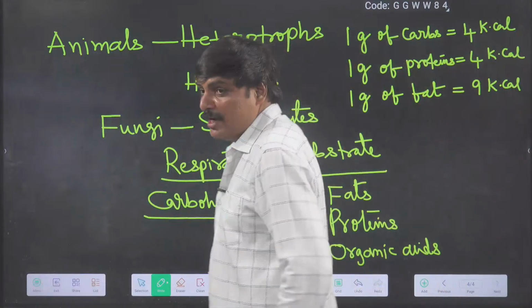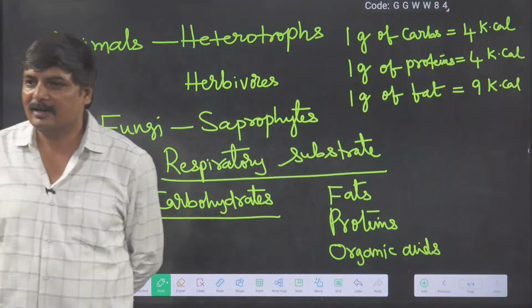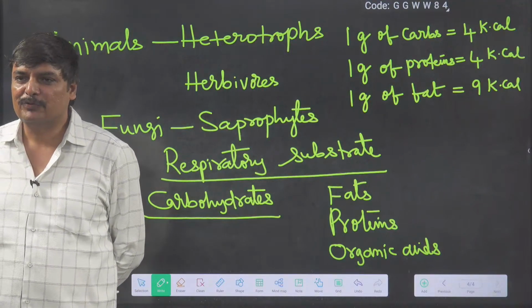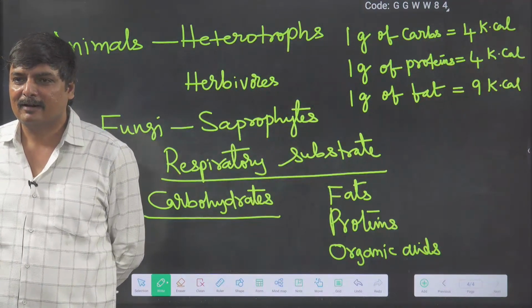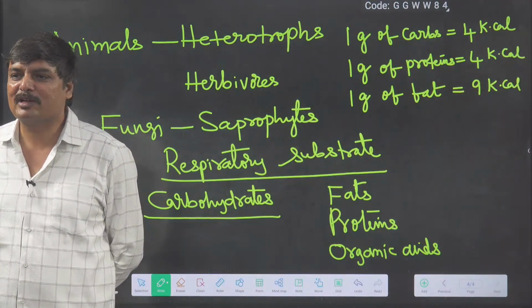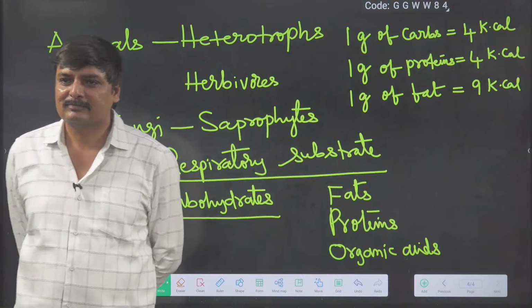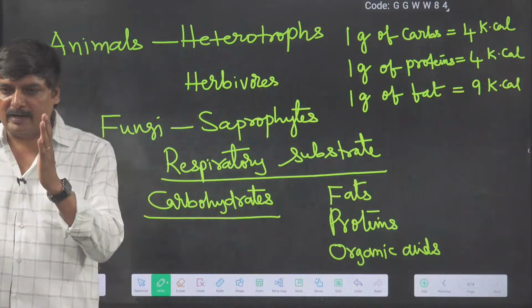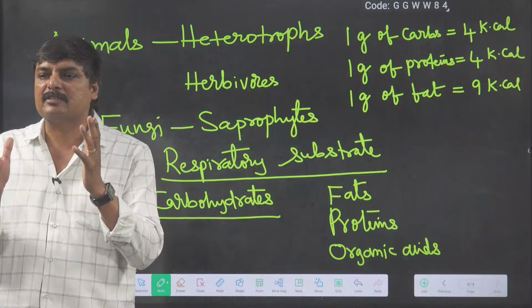That is why when you eat fat, you become fatty. Understand? If you eat more fat, as it contains more energy, you also become fatty. Clear? So, I told you what respiratory substrates are and the examples of respiratory substrates.